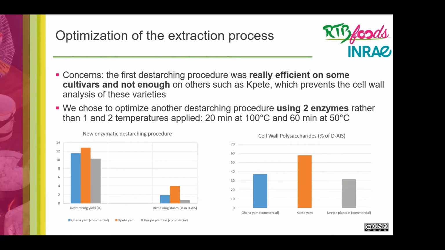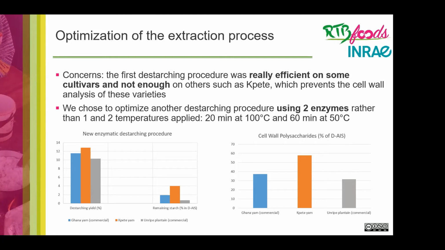It gave quite a good result for the distarching part, because we had nearly no remaining starch. Even in Pectin yam, we had only 4% of starch remaining. But the issue was that on our distarched powder, we only identified 30 to 40% for the Ghana yam and unripe plantain, and 60% for the Pectin yam.